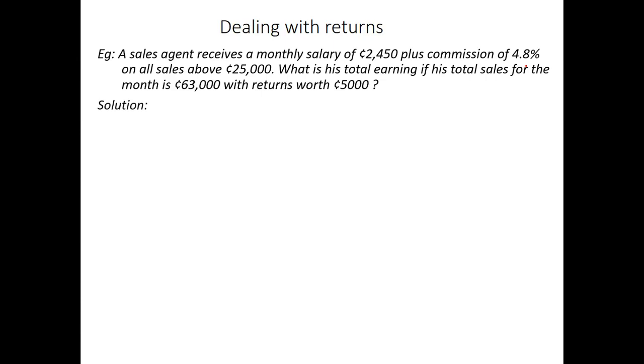I hope you can remember that total earning is equal to monthly salary plus commission. We know the monthly salary to be 2,450, so let's leave that for the meantime and find the commission. In this question we have returns, and we even have quota, sales above.